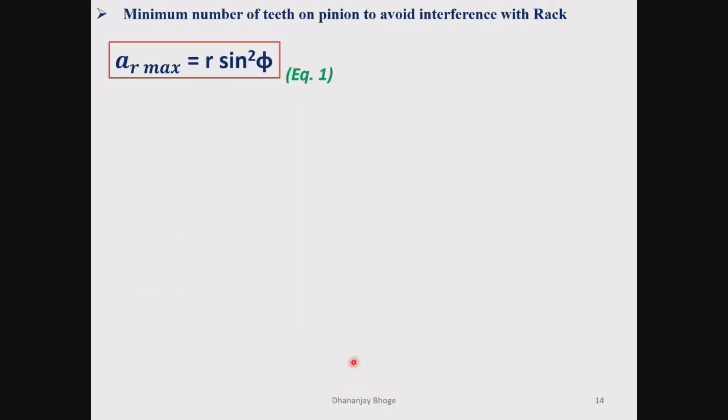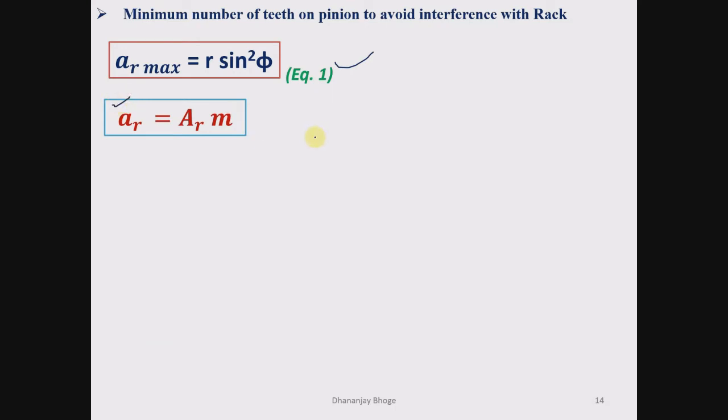Okay, done. So we have equation number 1 with us. It says that the maximum addendum of rack is equal to r sine square phi in order to avoid the interference. Correct? Now let us select the addendum AR for the rack.